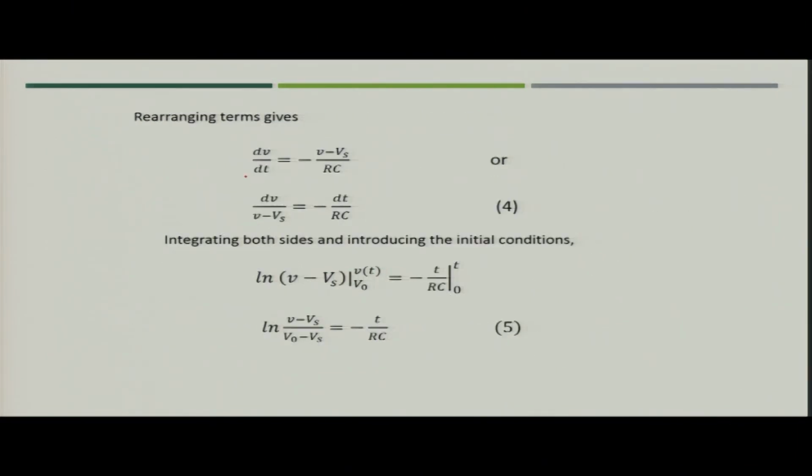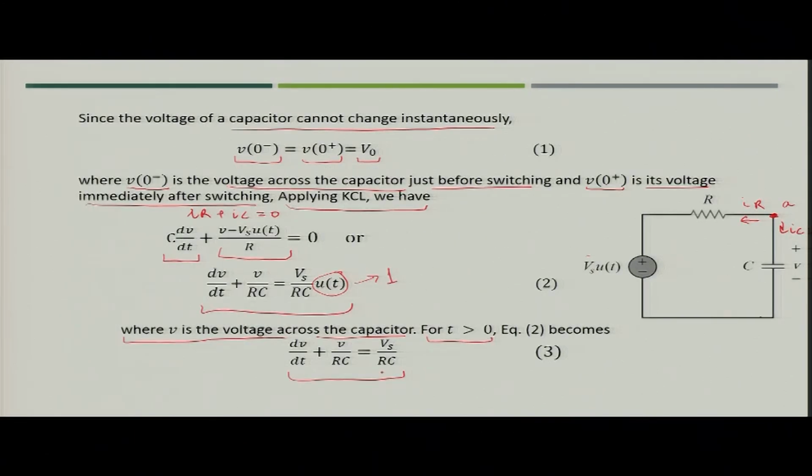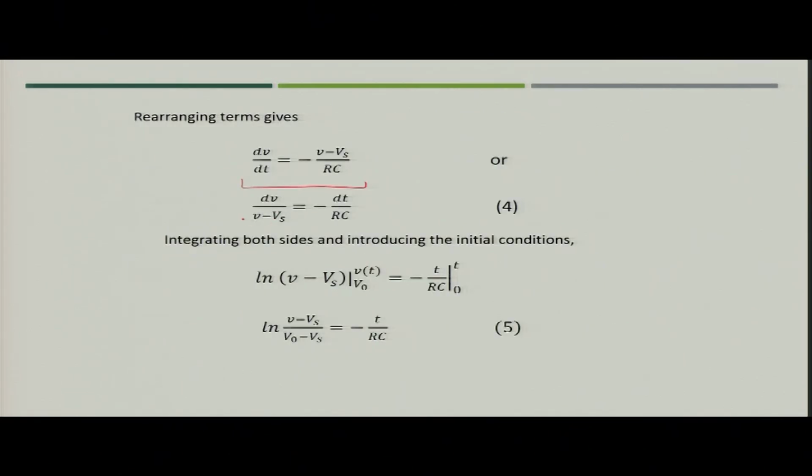So, now you have dV by dt is nothing but minus of (V minus Vs) by RC. When you rearrange, you will get dV upon (V minus Vs) is equal to minus dt by RC.